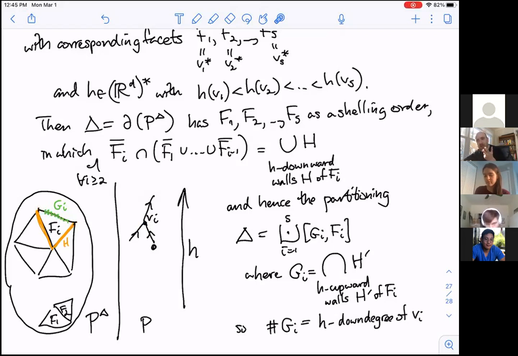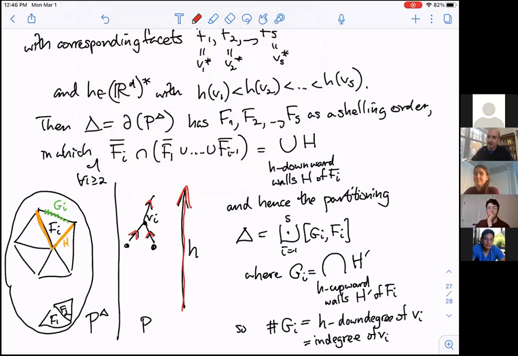When I think of it as a simplex, in the abstract simplicial complex, there are 2 elements as a set. The reason that's a 2 is the same reason that there were 2 downward walls, and it had to do with the fact that there were 2 downward vertices from VI. If you like, it's the in degree of VI in the way that we've been directing this thing upward. We directed the H values going upward.